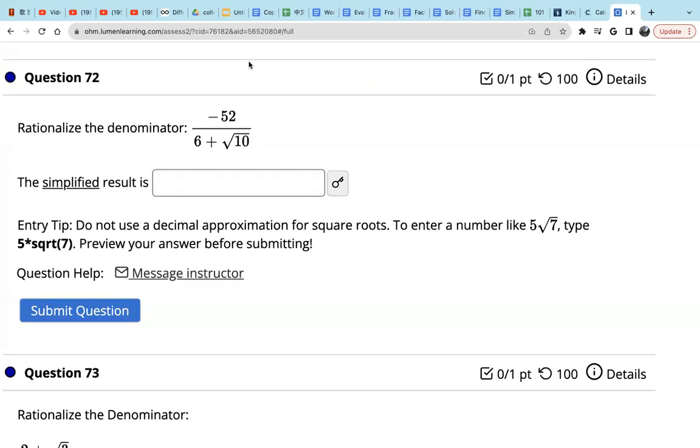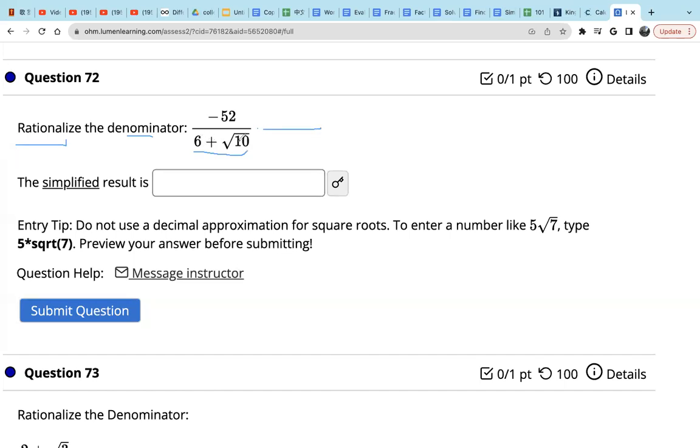Number 72. Rationalize the denominator, which means we want the denominator to be a natural number. Natural number like 1, 2, 3, 4, 5, 6, 7, keep going on. Okay, those are called the natural numbers. So we want to make the denominator a natural number. So what do we do? We use difference of two squares.